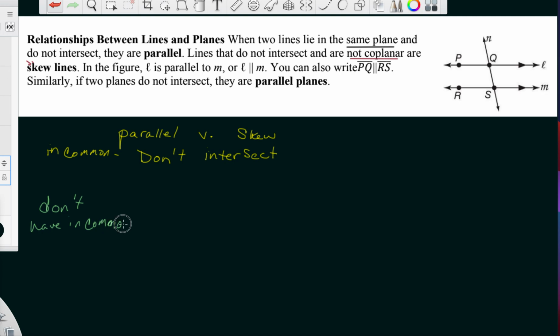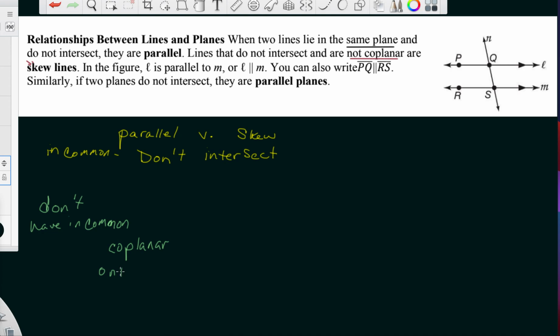Let's just do that. I don't want to take any more time just writing this. Okay, parallel lines are planar. They exist on the same plane. That's a horrible R. Let's try that again. They are coplanar, right?